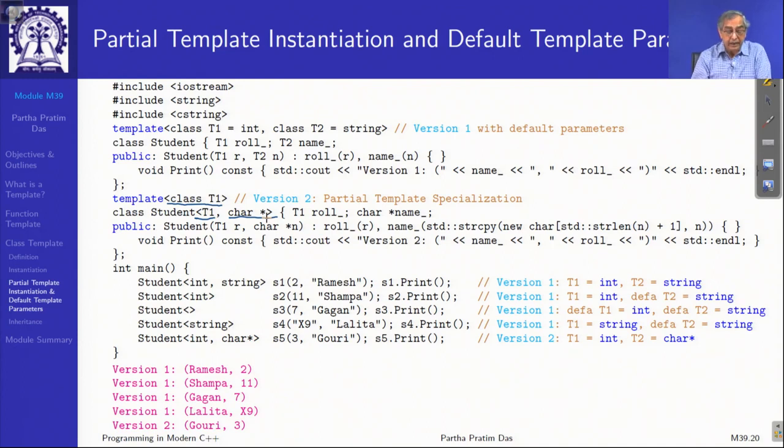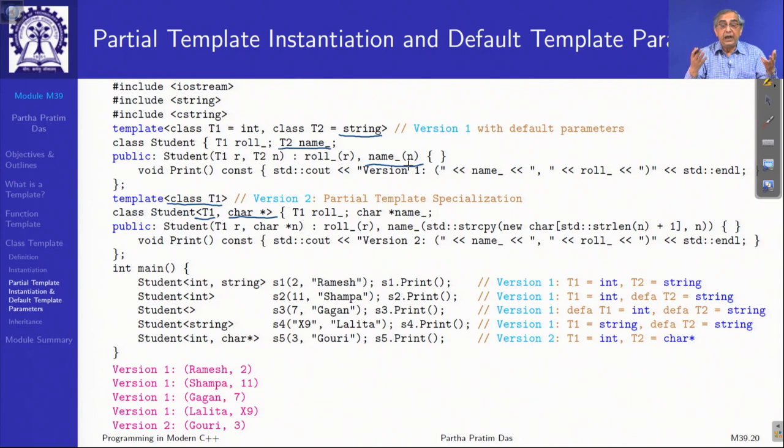Because as you can understand, when I have the parameter here as string, then at my construction time I need to do a copy construction of string from the given string to the data member name. Whereas, if it is a char star, then if I follow the first definition I will have an error, because what it will copy is not the string, but it will copy the pointer, as we have seen.